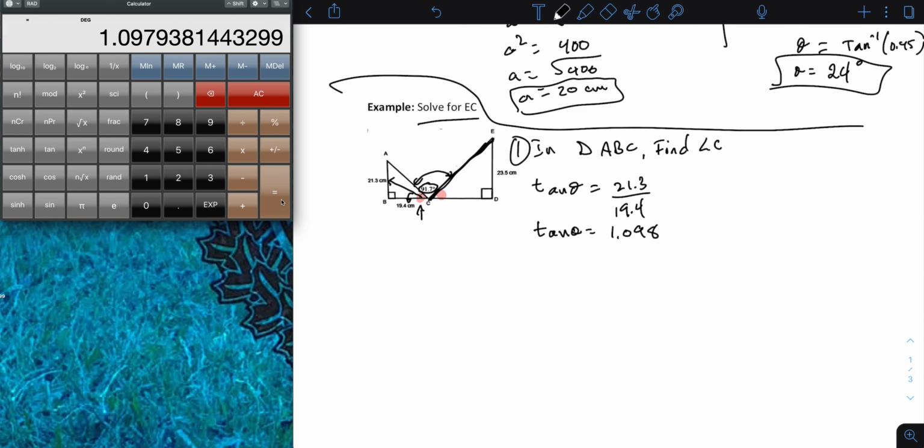Then you can go tan inverse of 1.098 is equal to theta. So theta, or angle C, is going to equal the second function, or shift tangent, of this number. If I click this, I should get 47.7.